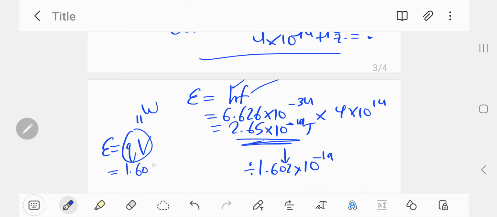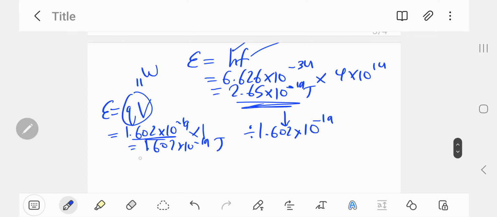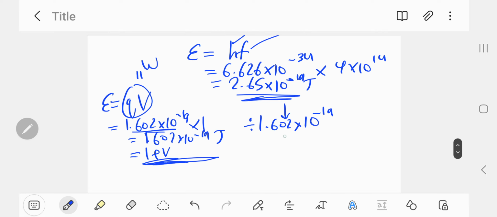It's just 1.602 times 10 to the minus 19 times 1 volt, the charge of the electron, and you get 1.602 times 10 to the minus 19 joules. That's how many joules there are in 1 electron volt. That's the conversion factor. So dividing by 1.602 times 10 to the minus 19, we get 1.65 electron volts.